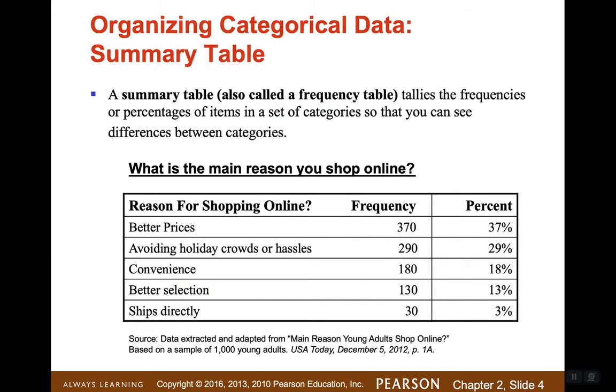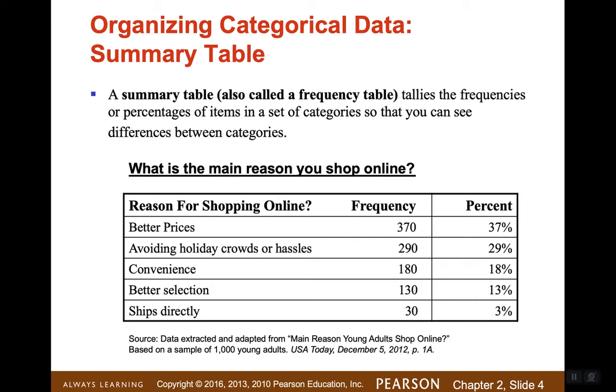All right, so the summary table, we've seen these quite a bit. It's also called a frequency table. What we do is we take the percentages, or the frequencies. Frequencies really are the percentage that one response has of the total. So in this case, better prices are 370, which represent 37% of the total.